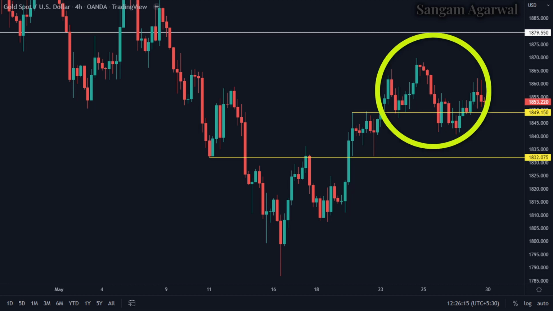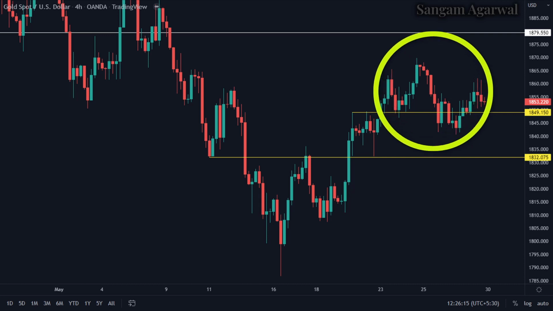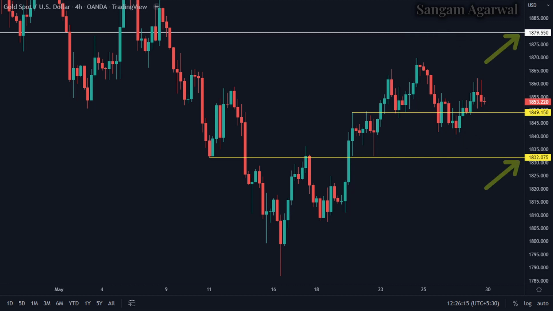After the end of this correction, the first near target will be 1880. We will only know this is a WXY sideways correction or chart pattern when the correction has ended. But these two are the upper support and resistance levels.